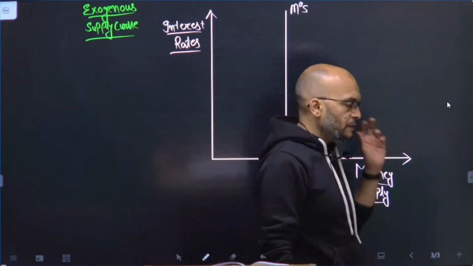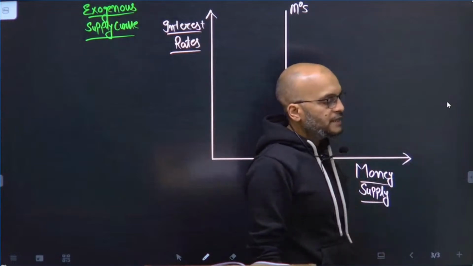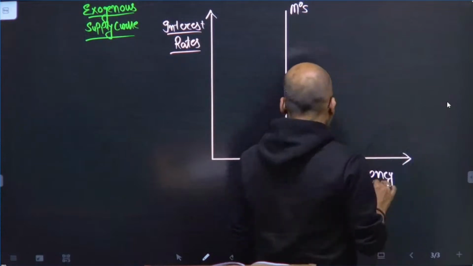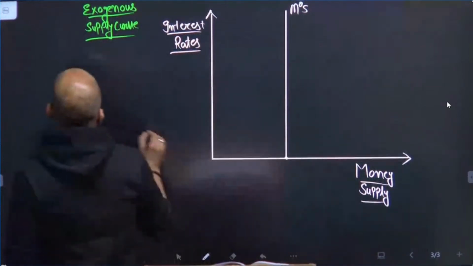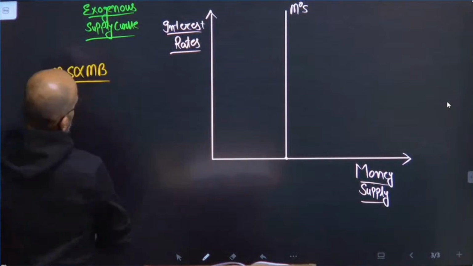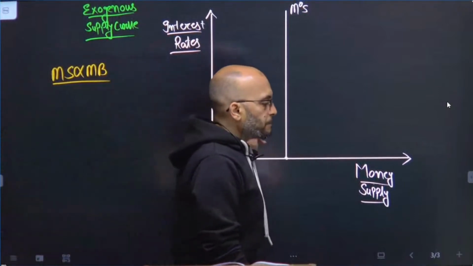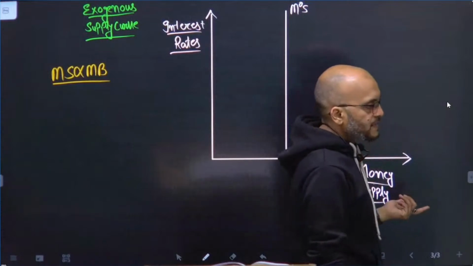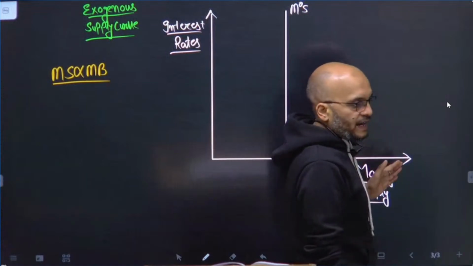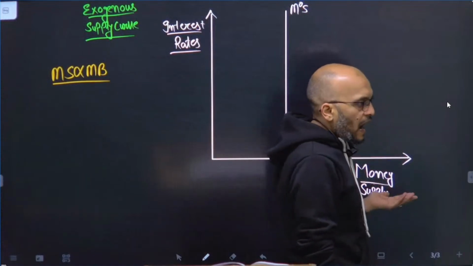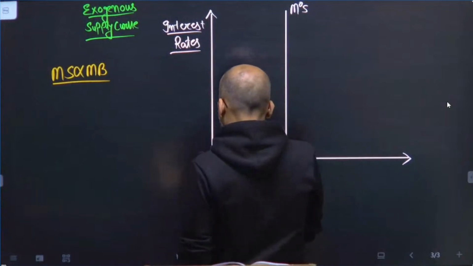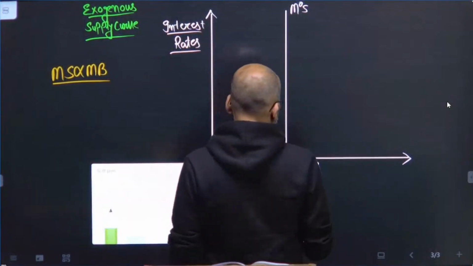And guys, I want to tell you one more thing. First, listen to me, then you can draw. Money supply is also proportional to, if we talk about money supply and monetary base, what's the relation? Speak up, yes or no? Money supply is directly proportional to monetary base. So what we can do is, to make the thing simple, I have taken money supply here, but I can also replace it with monetary base, that is money stock. Can I or can't I?